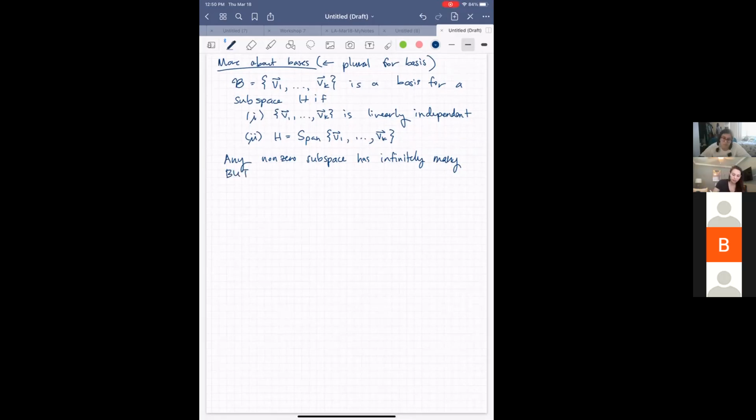So any basis for a given subspace H, they'll all have the same number of vectors.